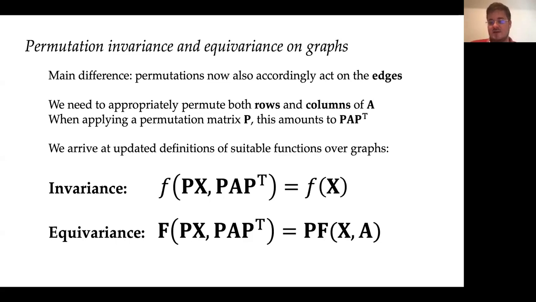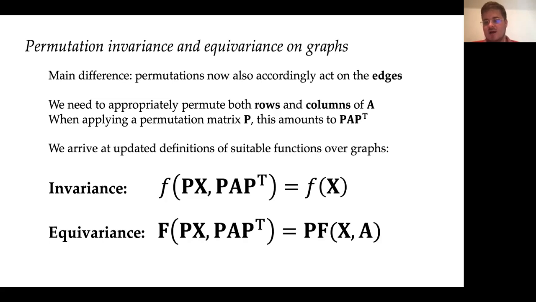And that means that if I'm using a permutation matrix P to permute my nodes, I'm permuting my adjacency as PAP transposed. The first P is responsible for permuting the rows. The P transpose is responsible for permuting the columns. And you plug this additional part as input to your functions, because now edges are a non-trivial part of the domain, and therefore any function over them must be mindful of them.